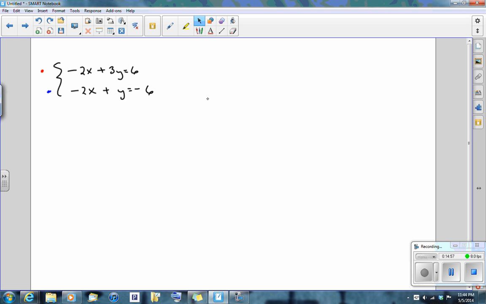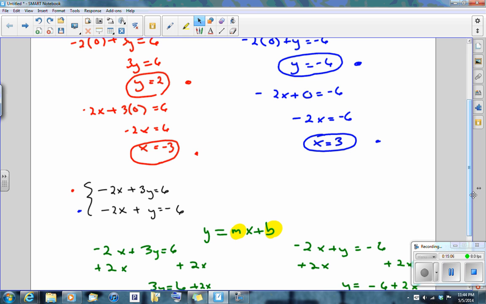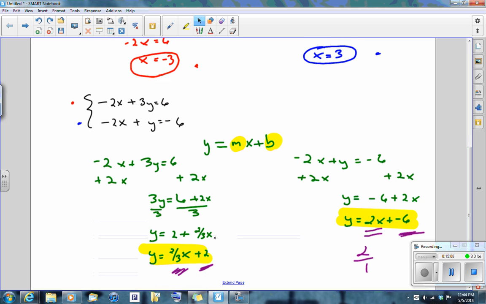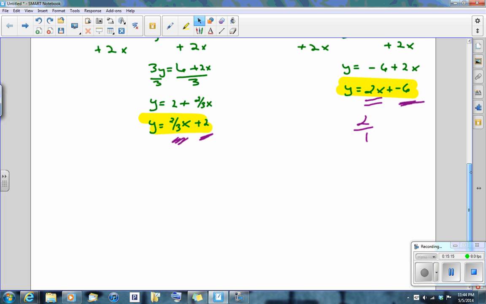So actually, in this case, it would be helpful for us to go back to the rewritten equations down here when we rewrote them in slope-intercept form, because they're both written in terms of y. y equals 2/3 x plus 2, and y equals 2x plus negative 6. Since I've already taken the time to write them in that format, I think I'll just work from this page.